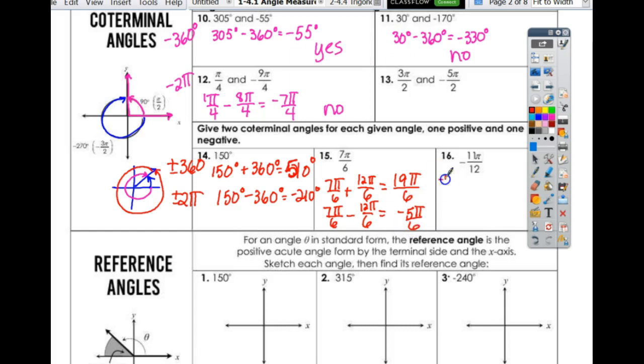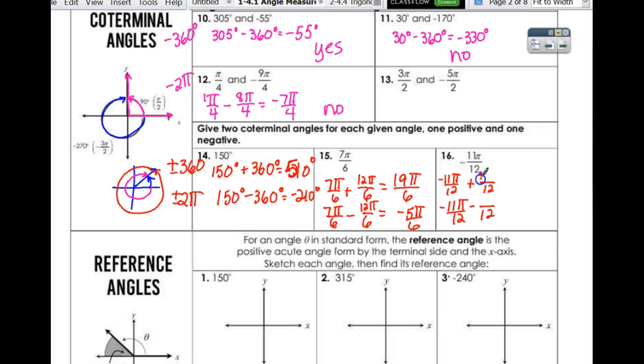So the next one, negative 11 pi over 12, plus, minus, it's over 12. 24. It is. It's close enough.